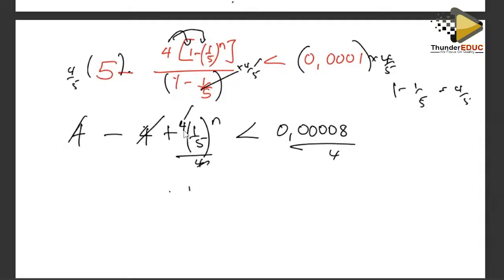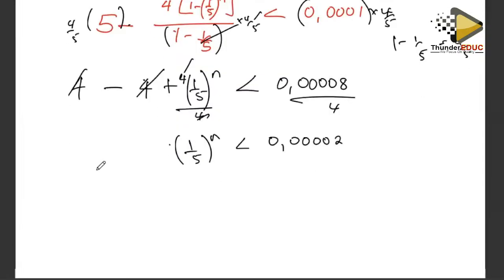I think now it makes sense. 1 over 5 to the n is less than 0.0000 with a 2. But we know that 1 over 5 is the same as 0.2. So it's the same as 0.2 to the exponent of n is less than that number.